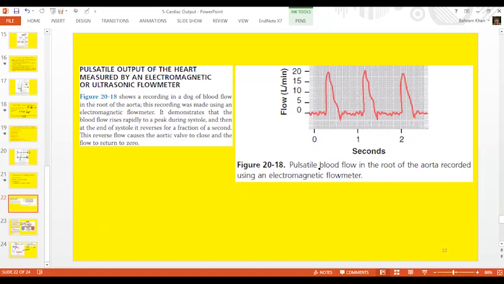This pulsatile nature indicates the blood flow variation during systole and diastole, during the contraction phase and relaxation phase. So you can see progressive increase in the blood flow during the systole and decrease during the relaxation phase. This is measured by using a handheld ultrasonic flow meter device, right? So it is a very simple, non-invasive method, just like ultrasonography.